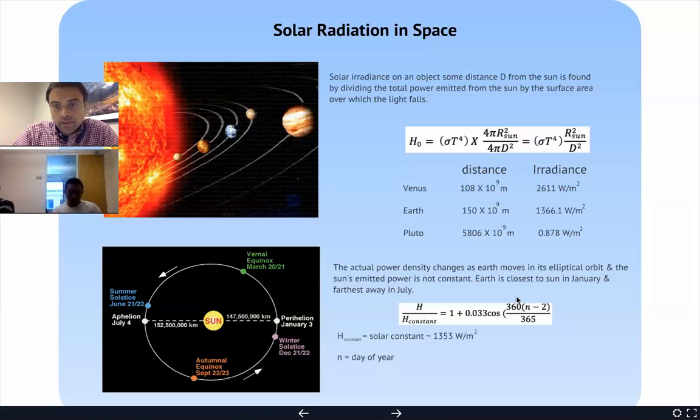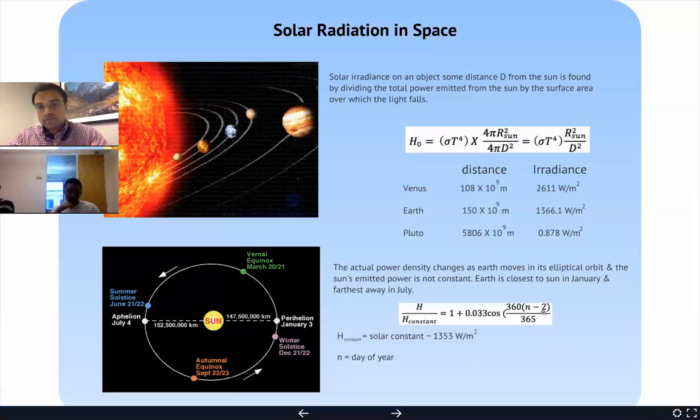If you want to do a very rigorous calculation of the power density, it can be done with an empirical formula shown here, where N is the day of the year, which ranges from 1 to 365.